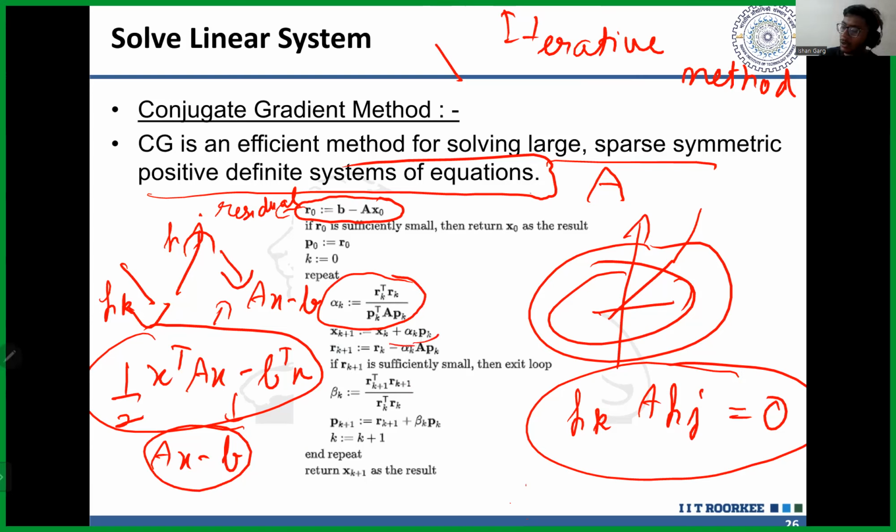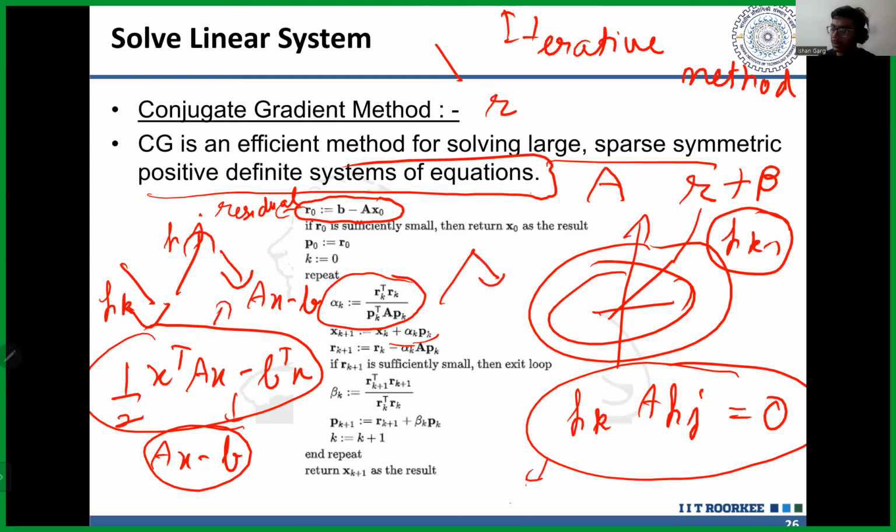P is a linear combination of the residuals, that is R, as well as the previous direction p(k-1) multiplied by a factor of beta. We need to ensure that the P's are always conjugate, while the R's are always orthogonal to each other. That is, when we move in a direction, it is always perpendicular to the previous residual.